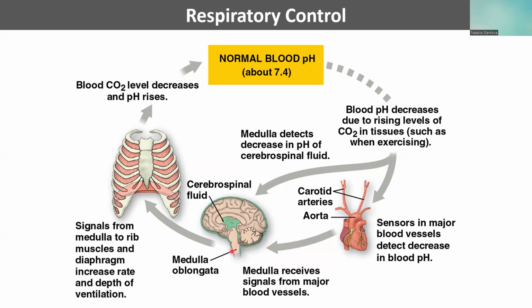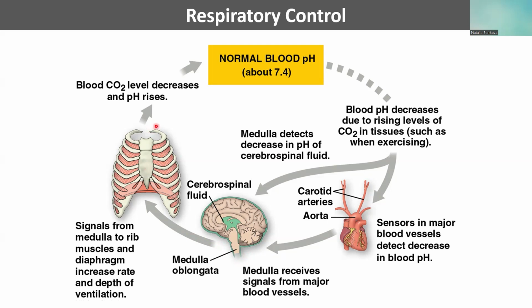So the breathing center in the brainstem sends signals, not to the lungs, but to the rib muscles to contract, and to do this strongly. So you breathe heavier, deeper, and more often. So the person starts to breathe faster and deeper.